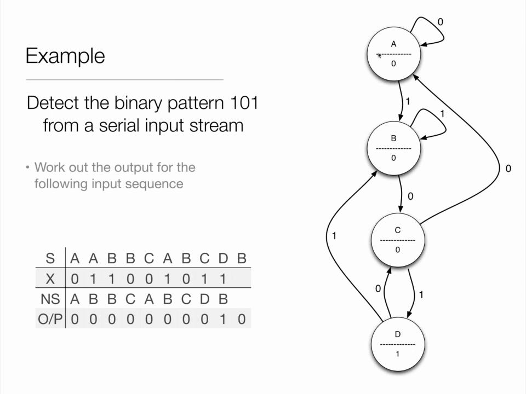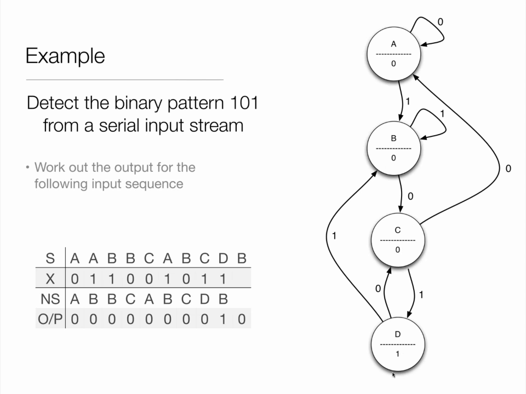If we get a different sequence, say 1, 1, 1, it stays in state B. 0, 0, we'll go back to A. So as long as there's a 1, 0, 1 in there, it'll pick it up. So 1, 1, 1, 0, 1. So the last 3 digits are 1, 0, 1. It will still detect it and give you a 1 in the output. If it goes 1, 0, 1, 0, 1, 0, 1, it'll get that.